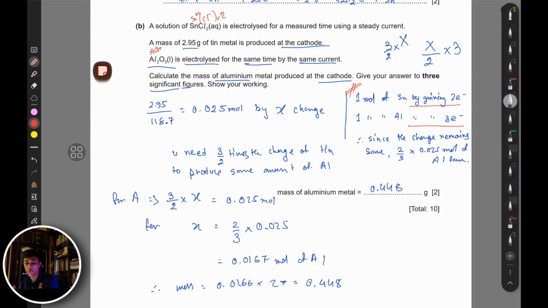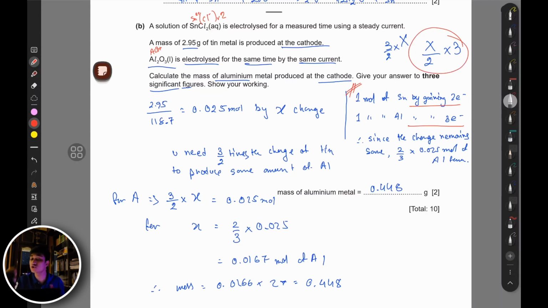Therefore, if you want the same mole of aluminum to be produced compared to tin, you need 3 by 2 times the charge required for tin. Why? Because for tin the charge required was x, so for each electron it's going to be x by 2, and for 3 electrons it's going to be x by 2 times 3.